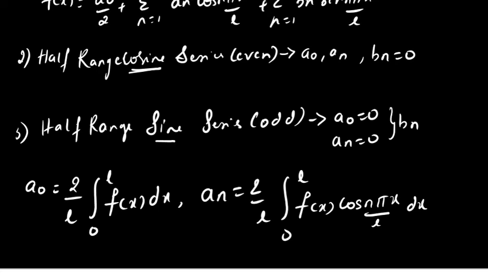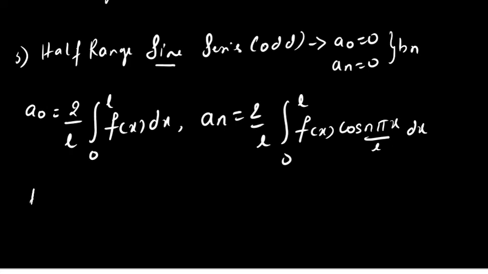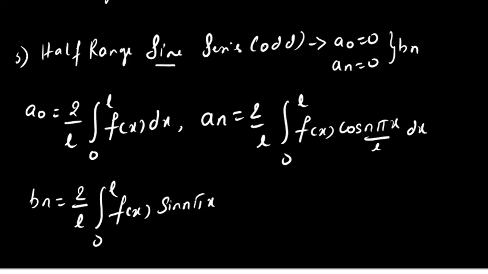Similarly, when you have a function that is half range sine series, bn is equal to 2 by L integral 0 to L f of x sine n pi x by L into dx.